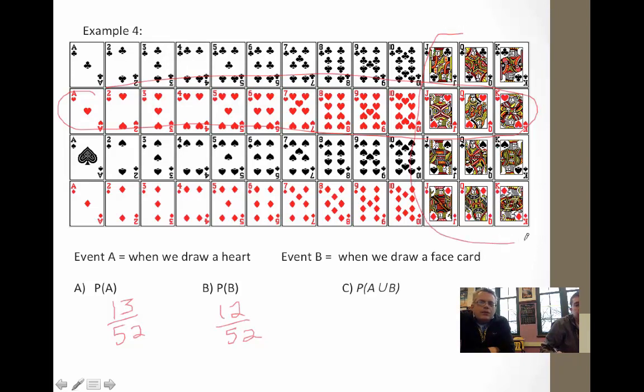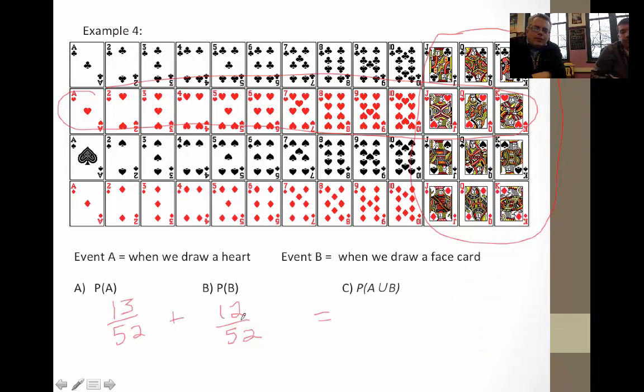And if you combine those, there are 3 cards that we double counted. Yes. So we could say, let's write this as 13 out of 52 plus 12 out of 52. So I know we could just count the cards, but we're seeing how this rule works. But we have to subtract the 3 cards we double counted.